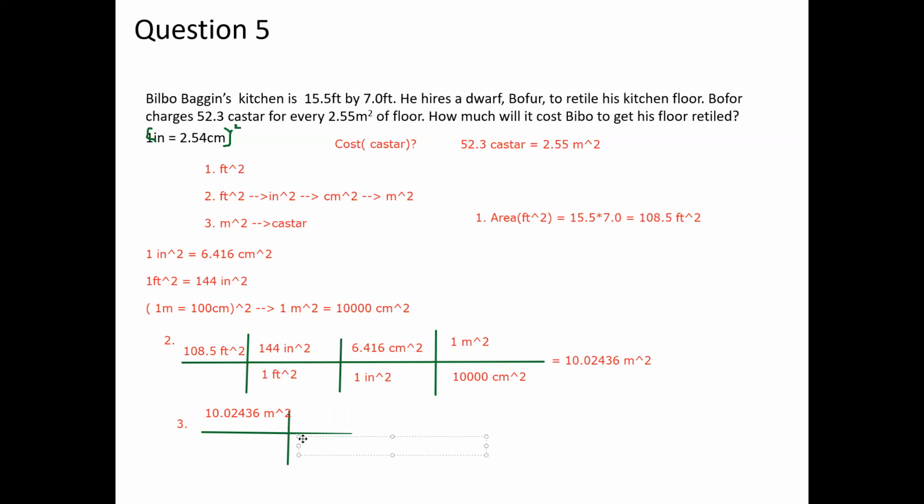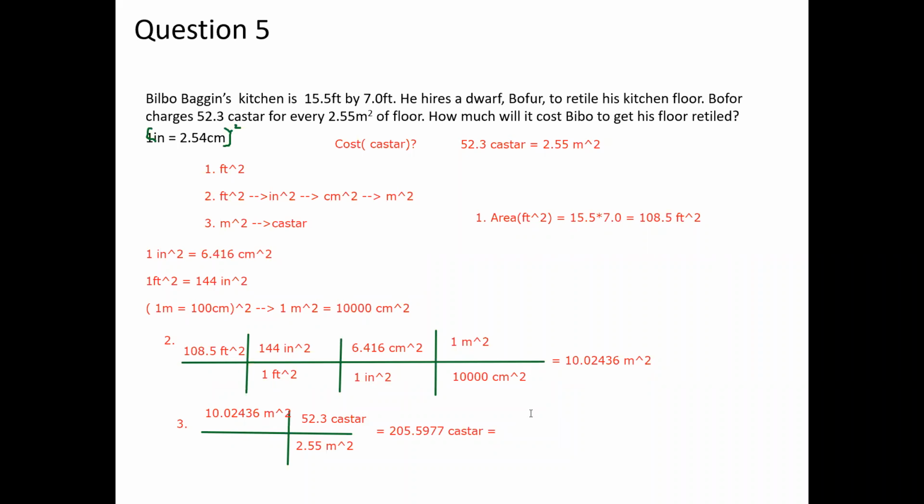So it goes on the bottom in our conversion. And castar goes on top. So when we work this out, we get 205.5977 castar.